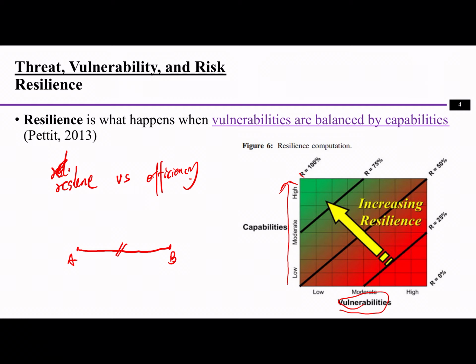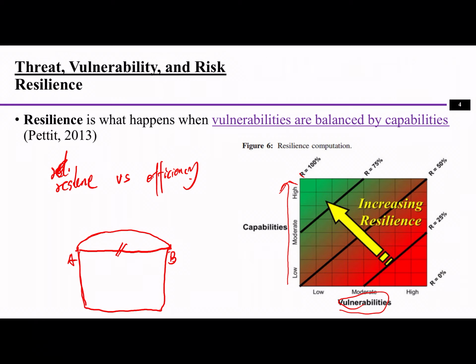If there are multiple ways, say this path or even this path, to move material from A to B, they are not as efficient as going straight.